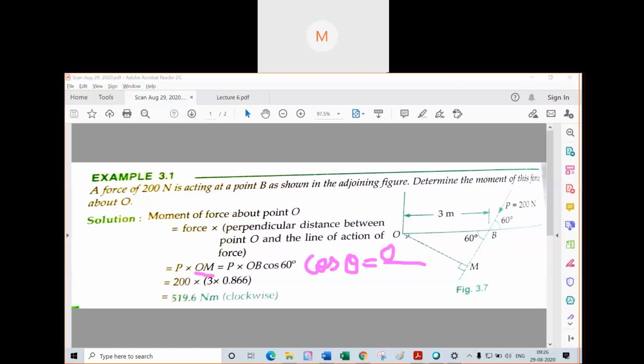That means OM is equal to OB cos theta. Simple. Eventually we put this answer like this. P is given here, 200. So this cos theta we know, and we get the answer like this. Clear, everyone?